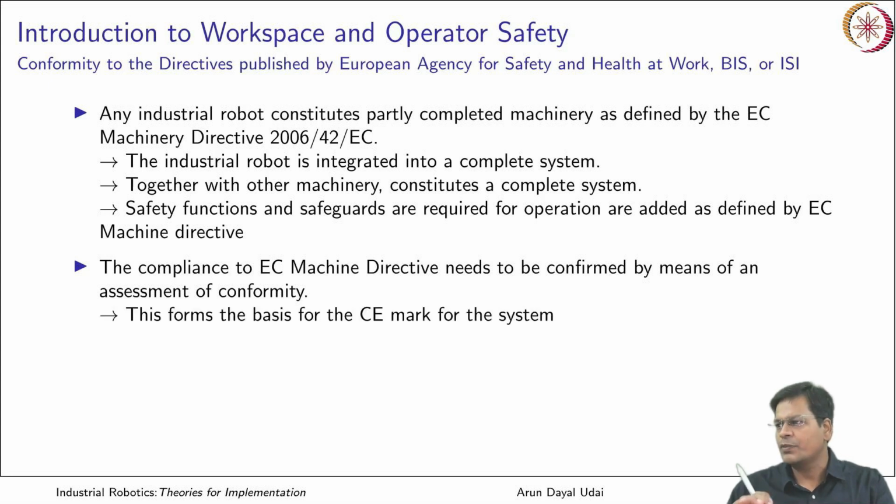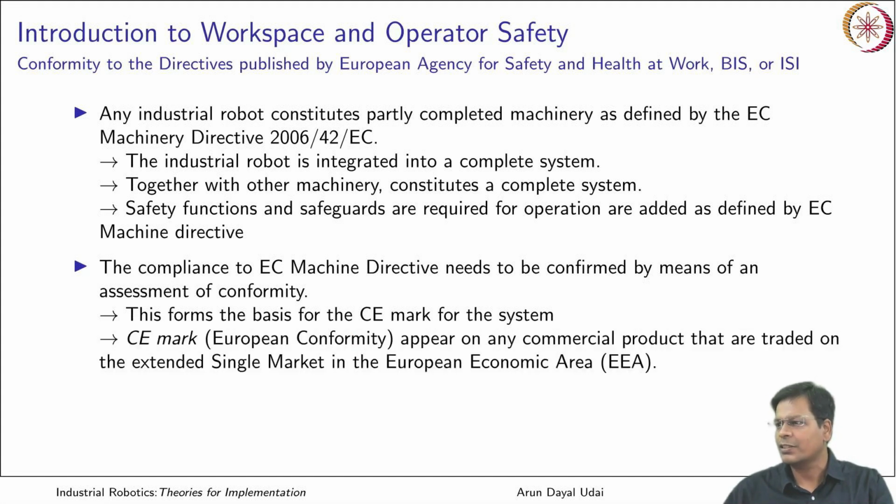This forms the basis for the CE mark of the system. What is the CE mark? CE mark is European conformity. It appears on any commercial product that is traded on the extended single market in the European Economic Area, the EEA market. If it is targeted for that, it has to be CE certified.